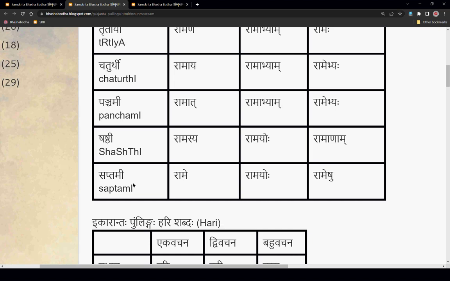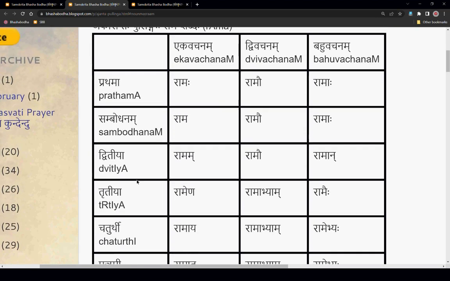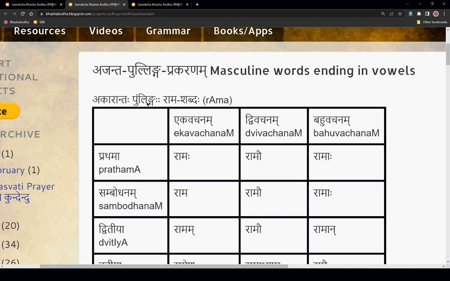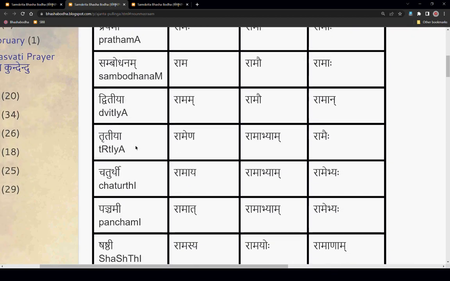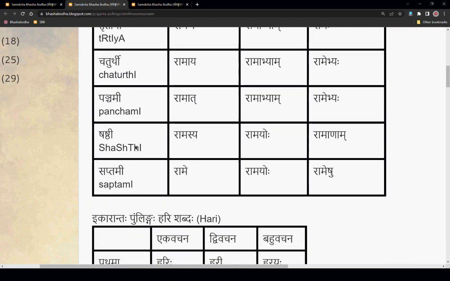Pakshi can also be used, but Pakshi takes a different form. So for now, we can try to keep it to these words which we already know, where the Pratipadikam ends in a simple vowel like A, I, U, like Guru, Hari.